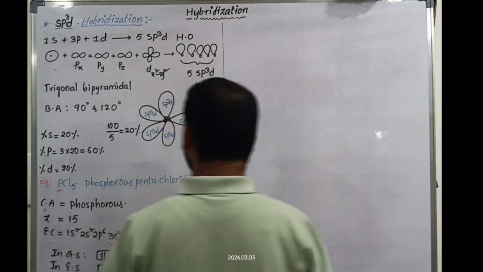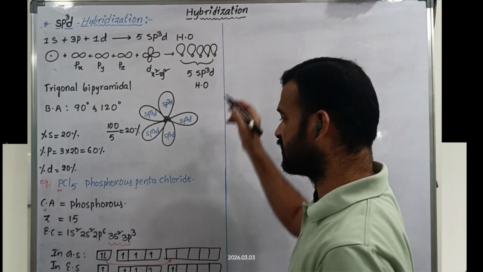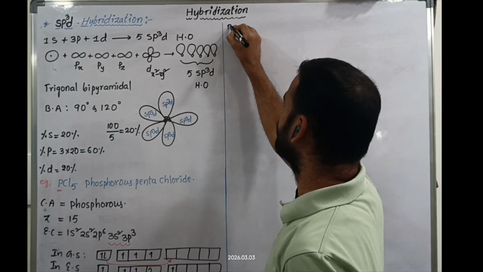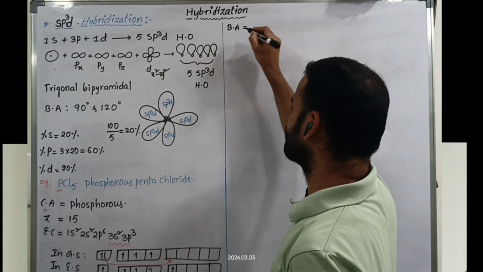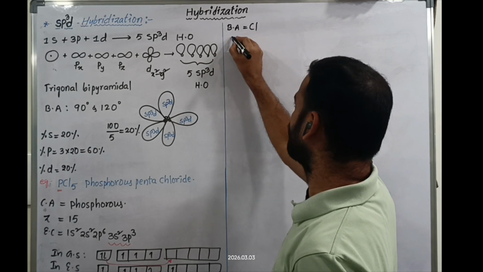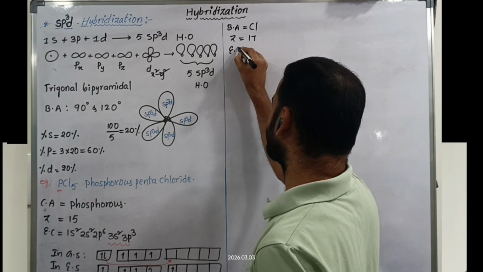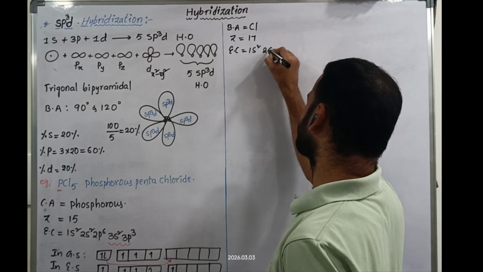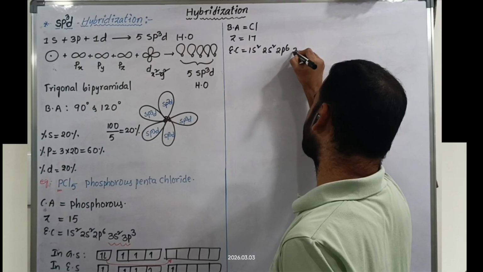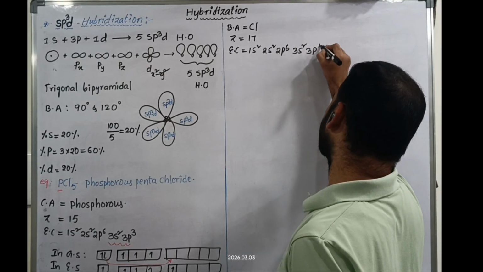Next, in this molecule, what is the bonded atom? The bonded atom (BA, short form) is chlorine. Chlorine's atomic number is 17. Its electronic configuration is 1s2, 2s2, 2p6, 3s2, 3p5.